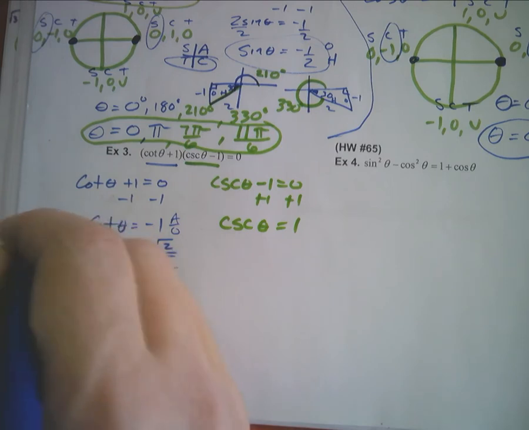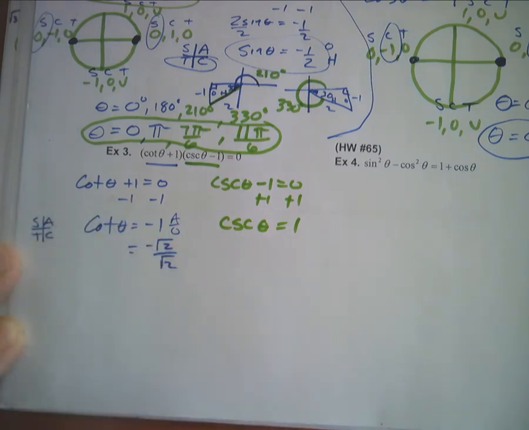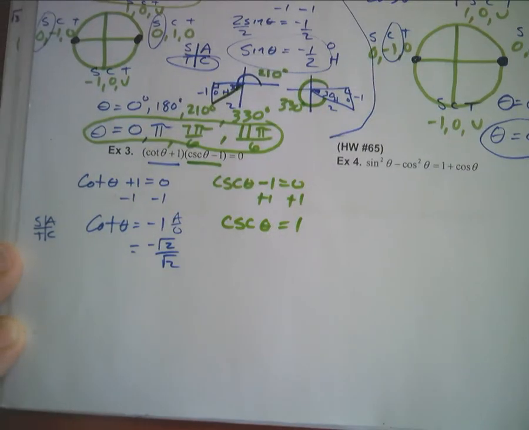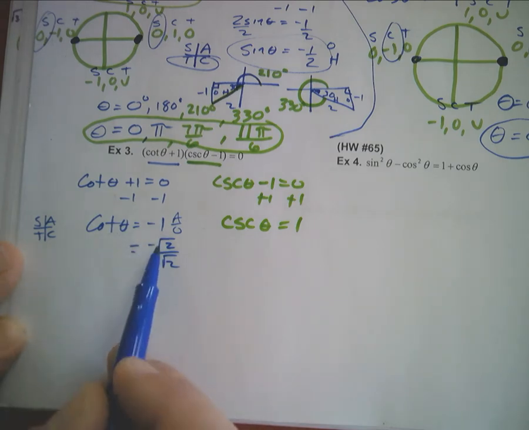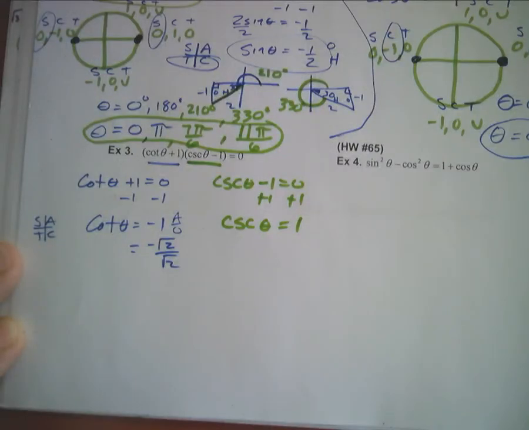All students take calculus. Okay? Tangent and cotangents are buddies. So if tangent's negative, that means cotangent's negative and vice versa. So if I have cotangent is negative 1 or negative root 2 over root 2, I got to know where tangent is negative. Whereas the opposite leg or adjacent leg is negative and the other one's positive. Where's tangent negative?